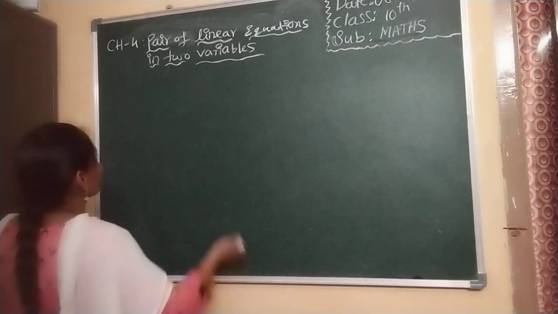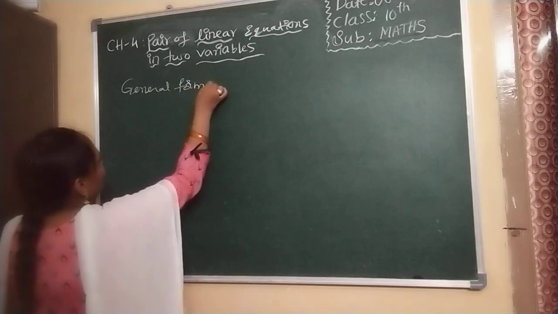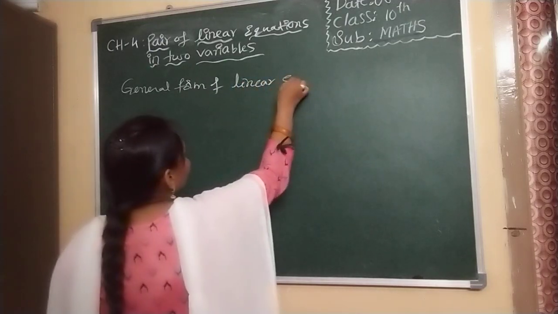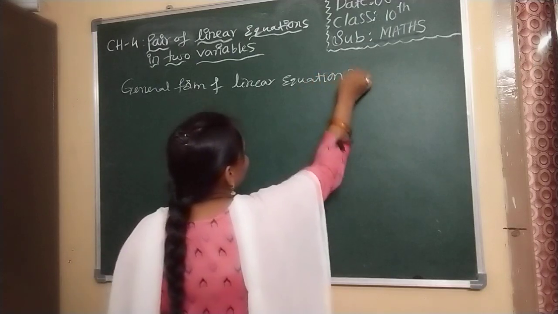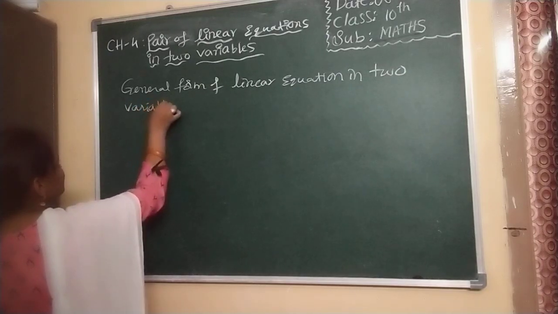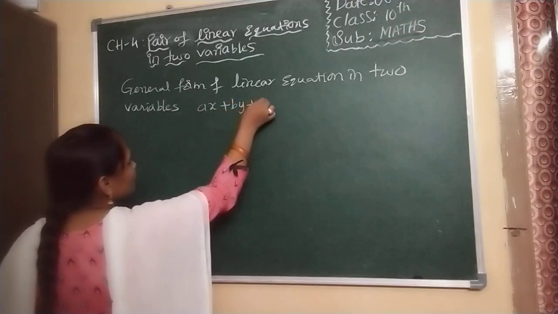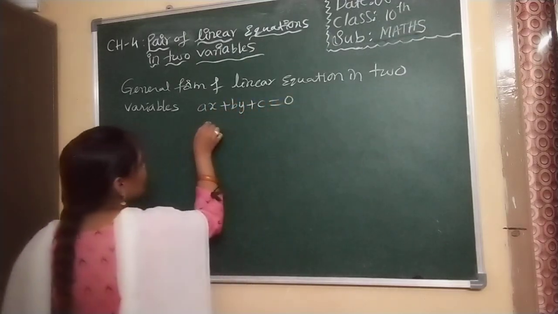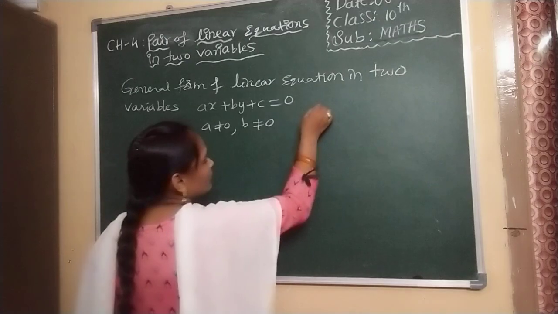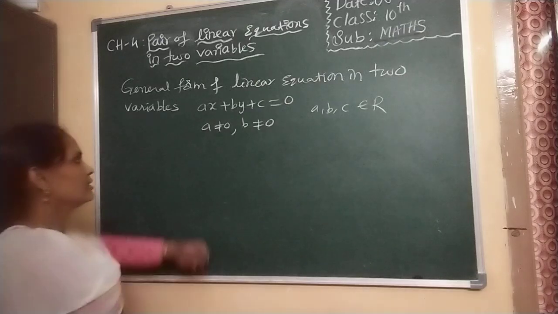The general form of a linear equation in two variables is ax plus by plus c is equal to 0, where a is not equal to 0, b is not equal to 0, and a, b, c are real numbers.